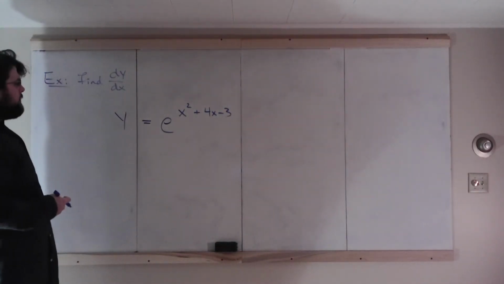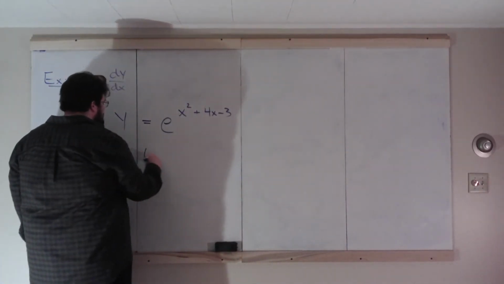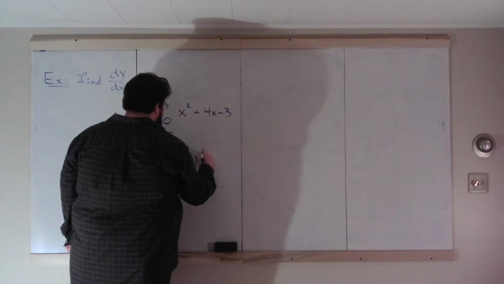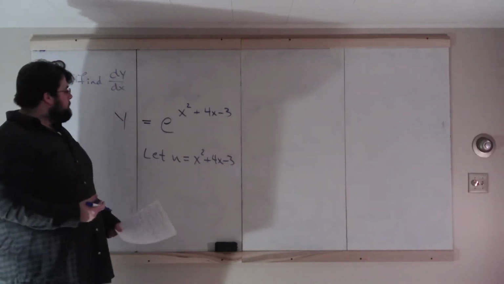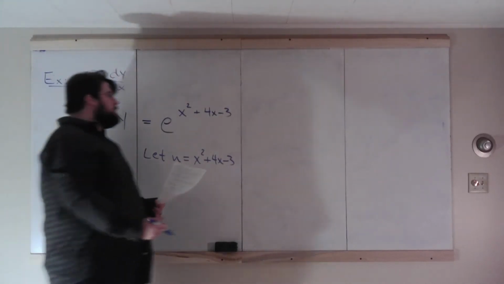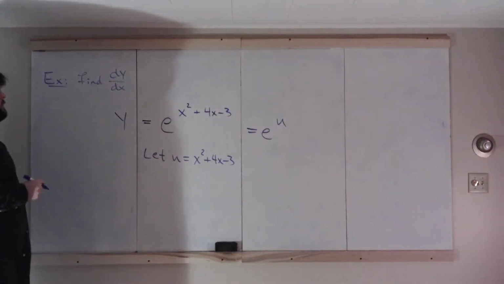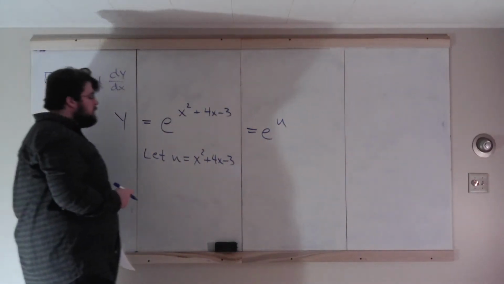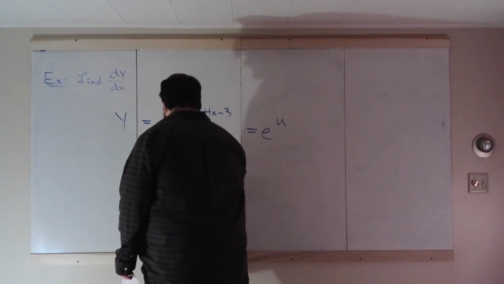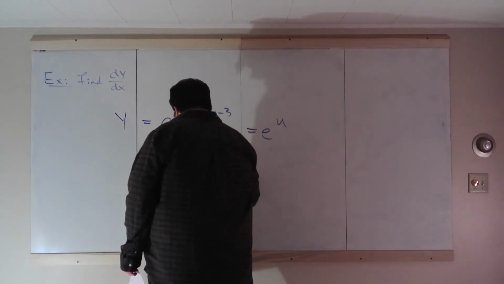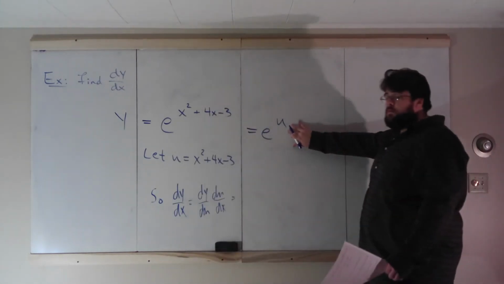Y equals e to something. Well, the chart tells us how to do derivatives of e to the x. So let's make this look like that by letting u be our exponent. If u is the exponent here, this function y is just e to something, and we let u be that something. So y is e to the u. U is x squared plus 4x minus 3. dy dx is dy du times du dx. dy du is e to the u.